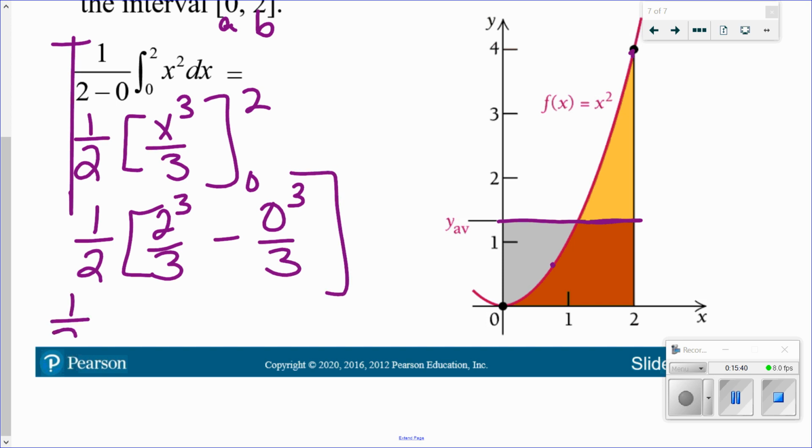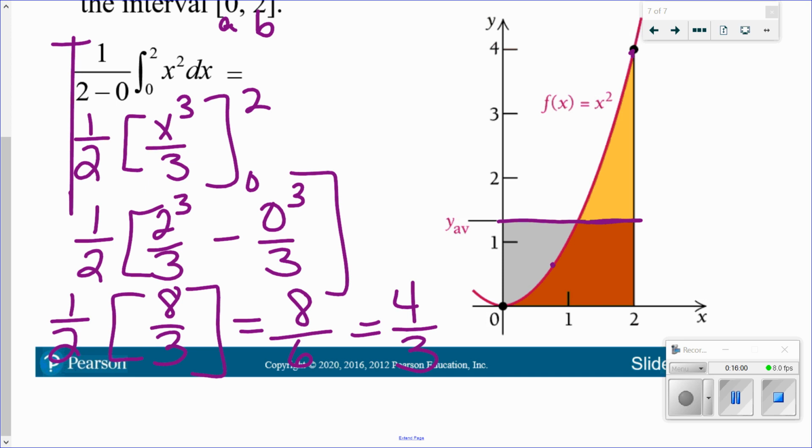So I have 1/2. 2 cubed is 8/3, and we're subtracting 0 cubed over 3, which is 0. So I have 1/2 of 8/3, and we just multiply straight across. We get 8/6, which simplifies down to 4/3.